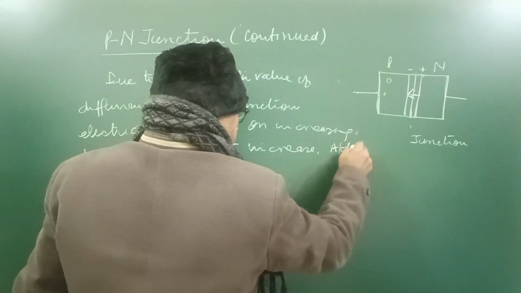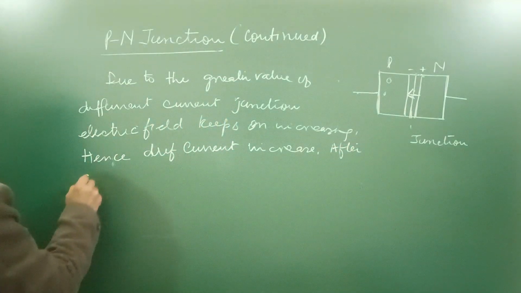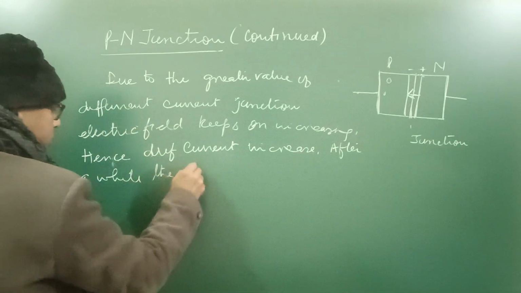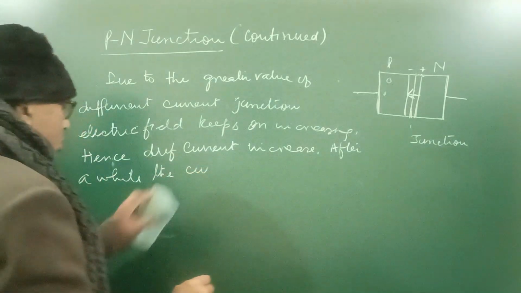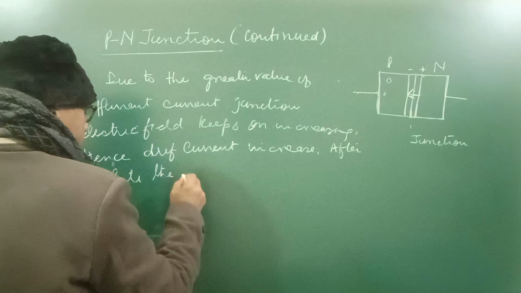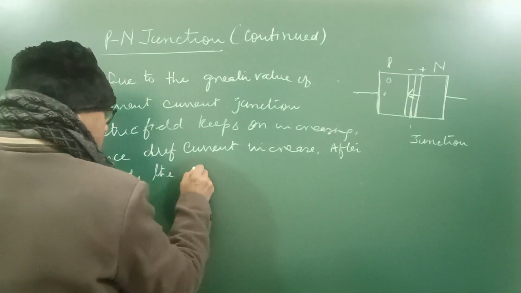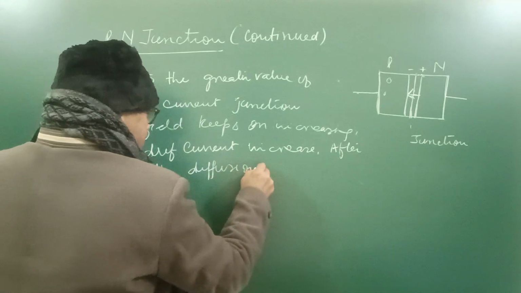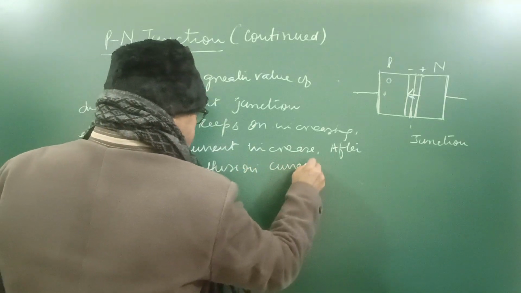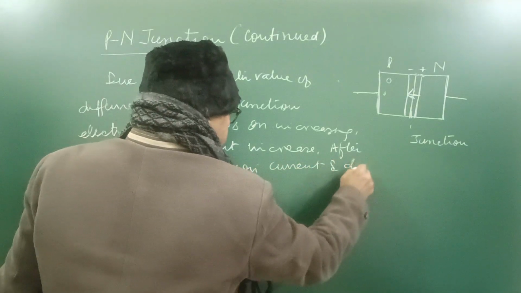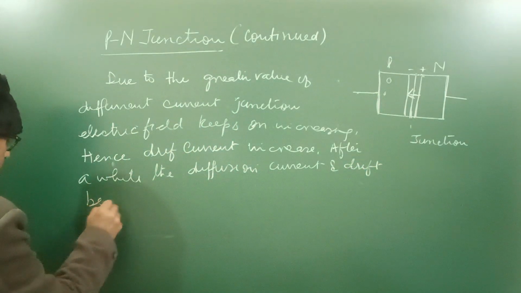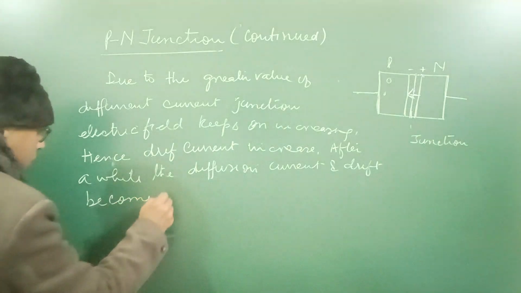After a while, the two currents, diffusion current and drift current, become equal.